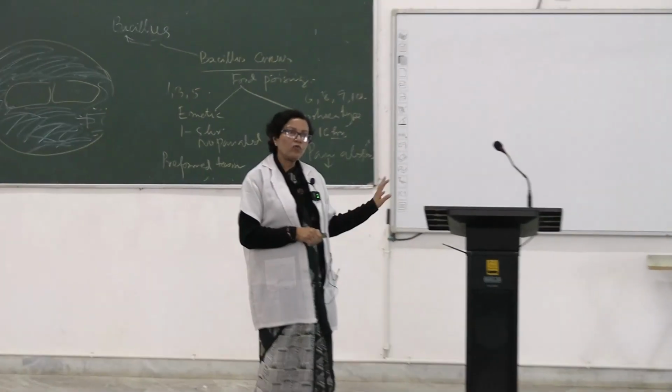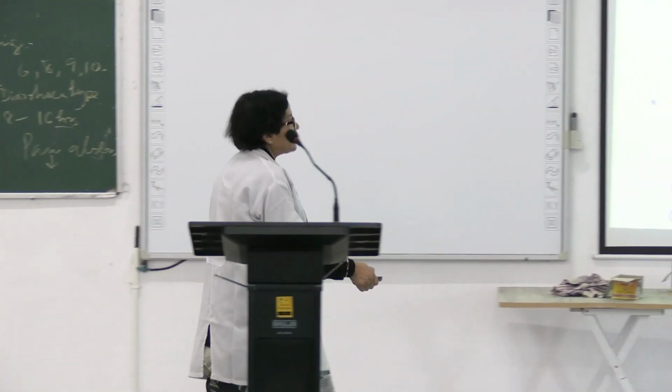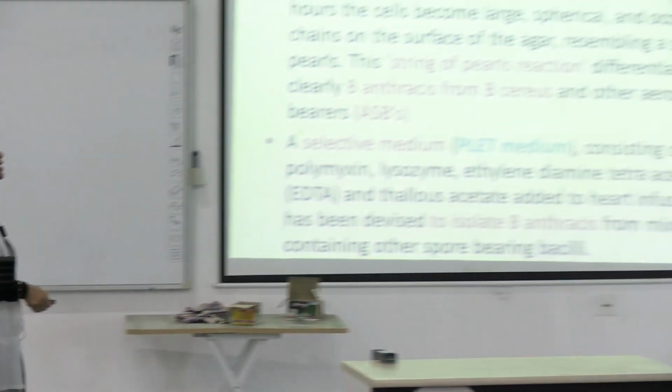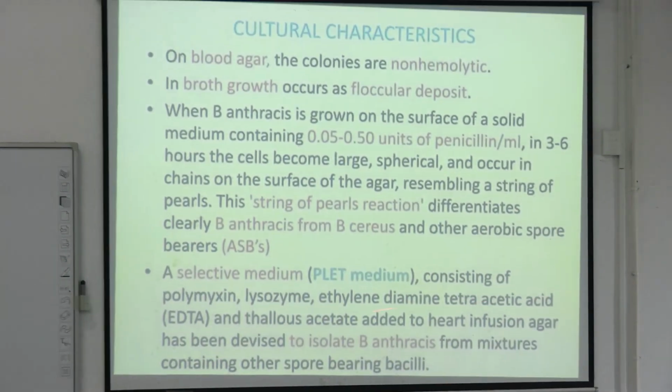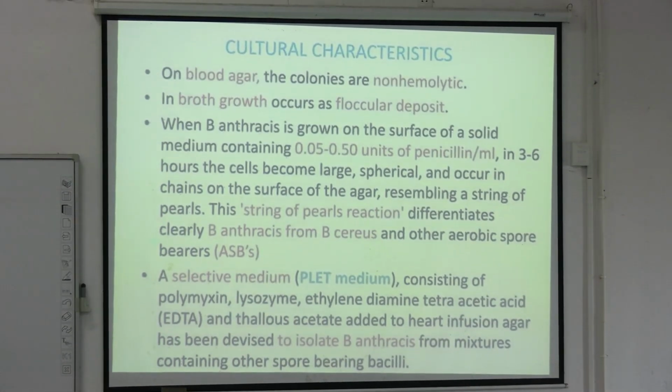Okay, এখানে PLET brain heart infusion agar has to be advised to isolate B anthracis from mixture containing other spore bearing bacilli. তাতে আমি এটা দিলে কি হবে, অন্য ব্যাসিলাই গুলো কিল্ড হয়ে যাবে, only anthrax will survive.